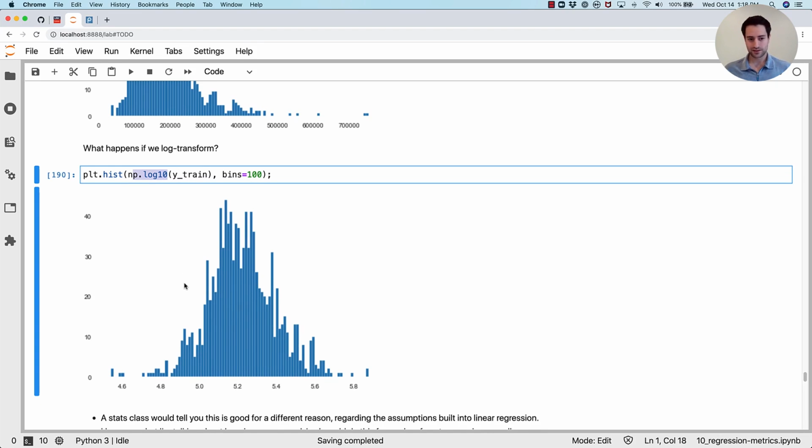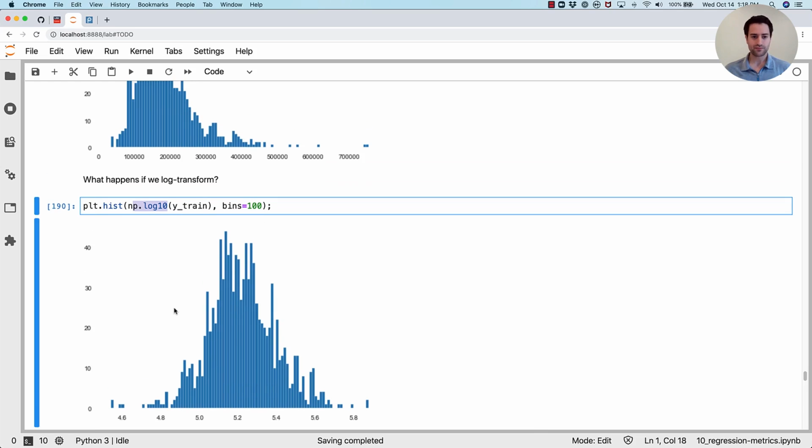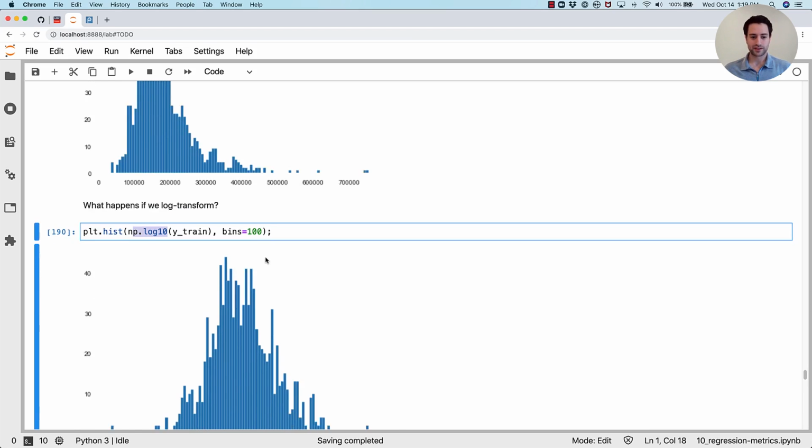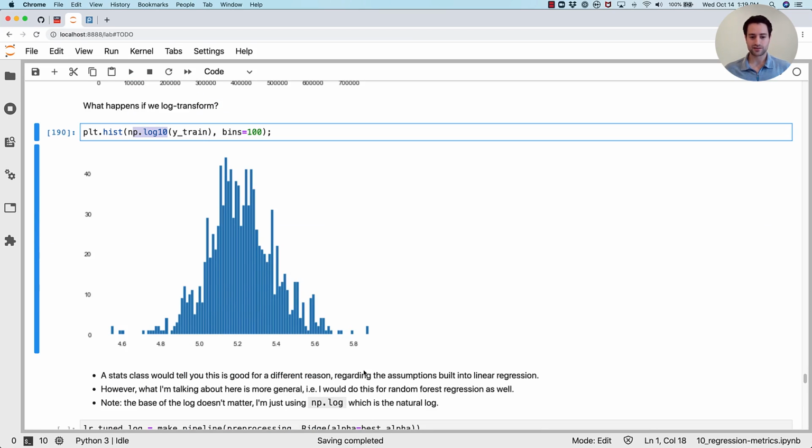And then there's this kind of hand-wavy thing I'm just throwing out there: if you care about percent error rather than absolute error, this can often help. Especially in the cases where you have these big values, because these few big values will kind of dominate the way fit works. But when we take the log, these extreme values don't become as extreme. I guess that's one way you can think about it.